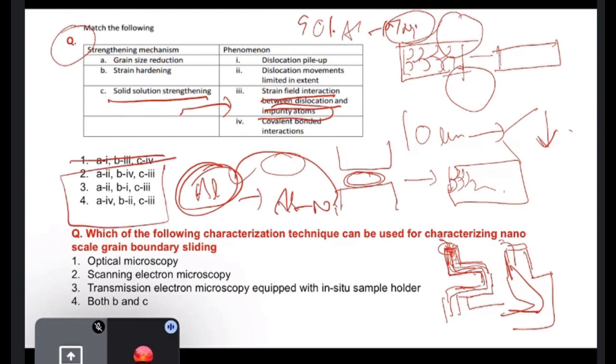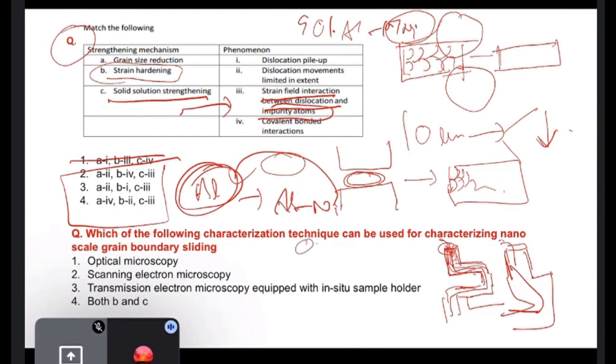Now I am left with options 2, 3 and 4. In grain size reduction, in strain hardening, what happens? Strain is applied on the material and there are some dislocations.